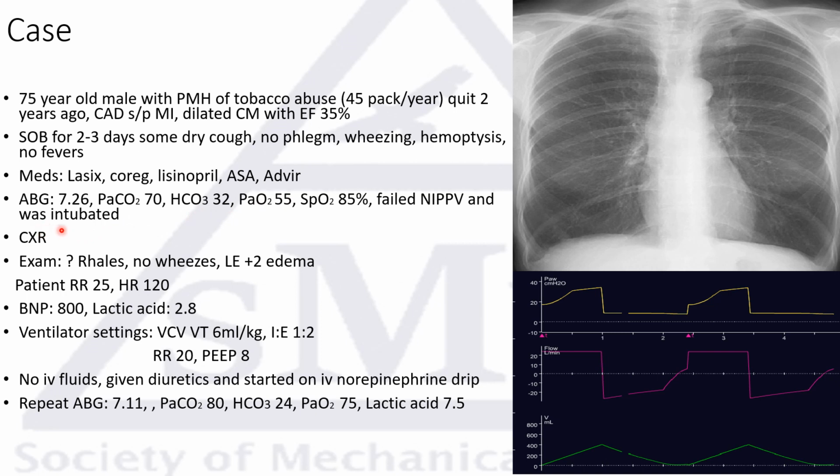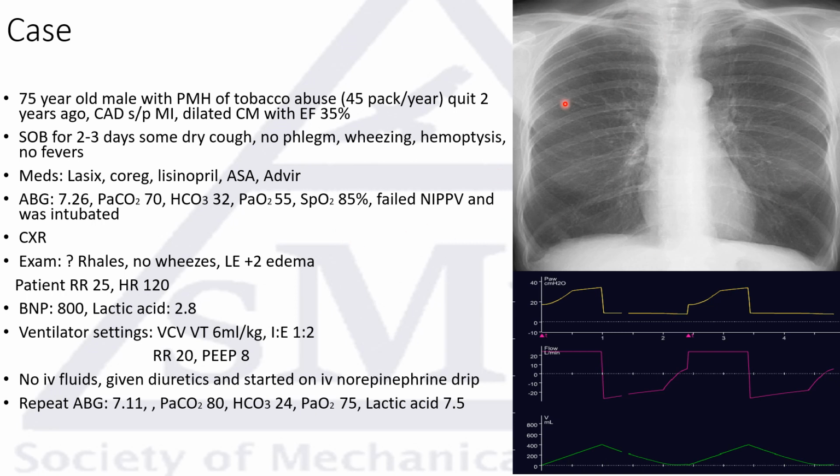His blood gas on presentation: acidotic pH 7.26, PaCO2 70, bicarb of 32, PaO2 55, and saturating 85%. He was tried on non-invasive ventilation, it didn't work, and he was intubated.